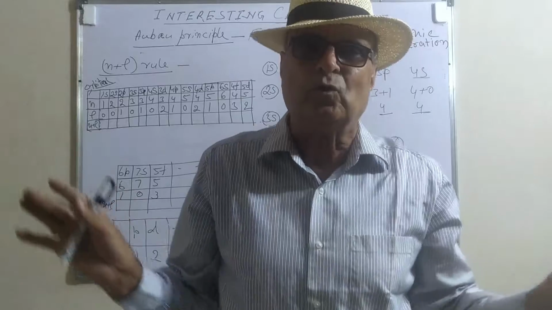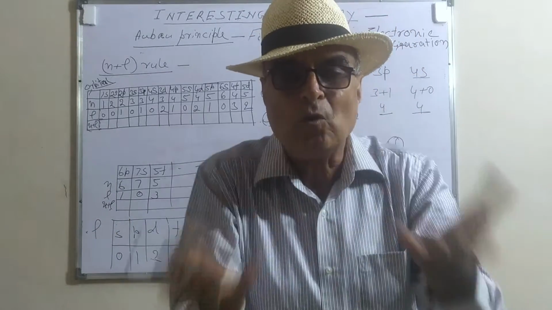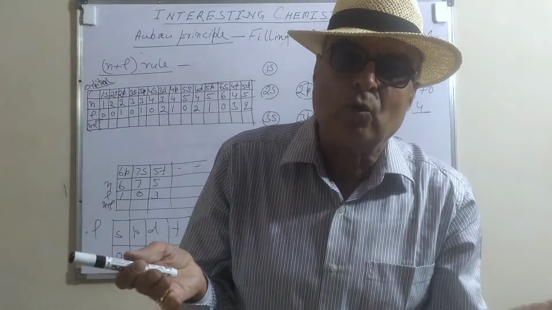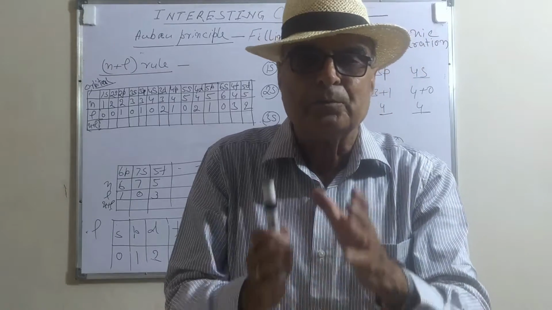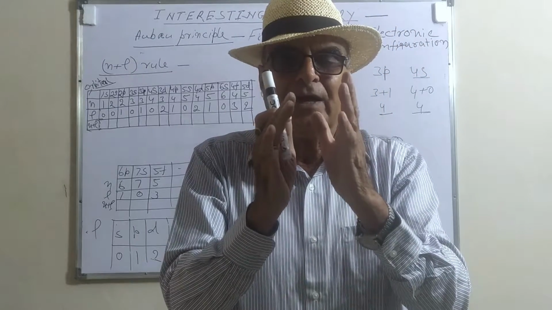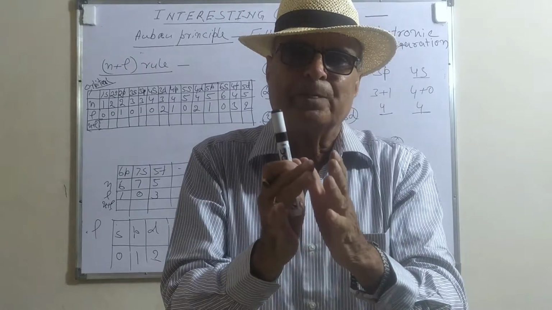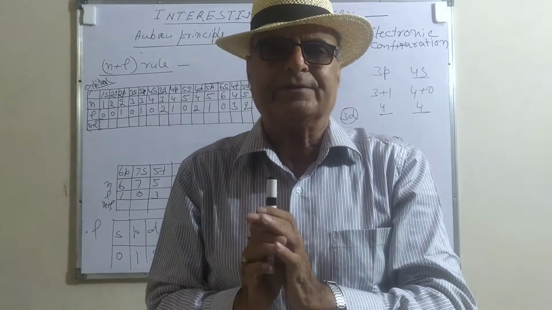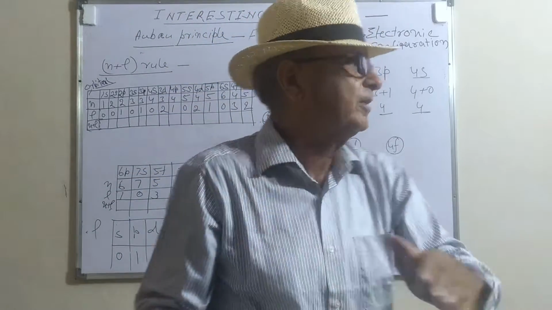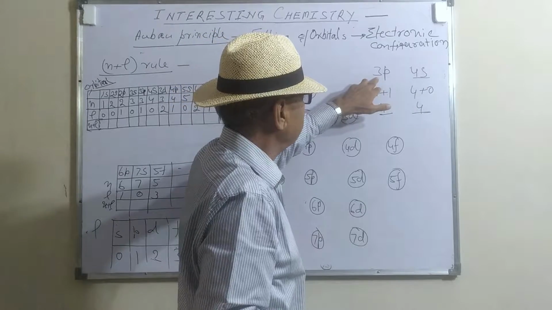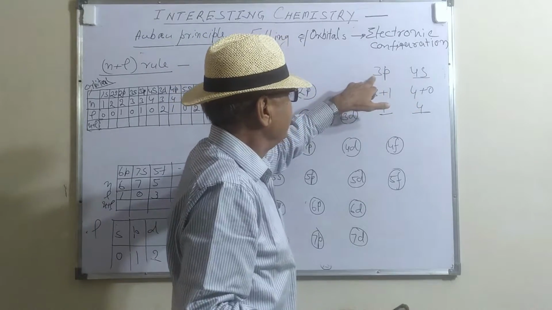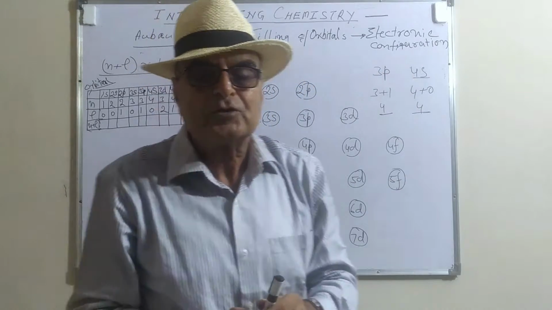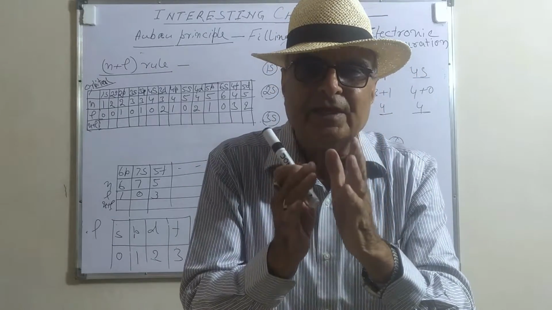So in that case, if the N plus L values of two or more orbitals are equal, how will you decide the energy level of those orbitals? The orbital that has the lower principal quantum number is lower in energy. This one has principal quantum number 3 and this one has 4.